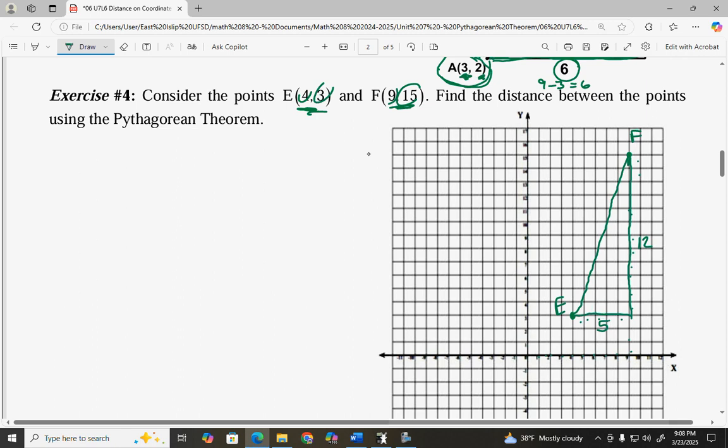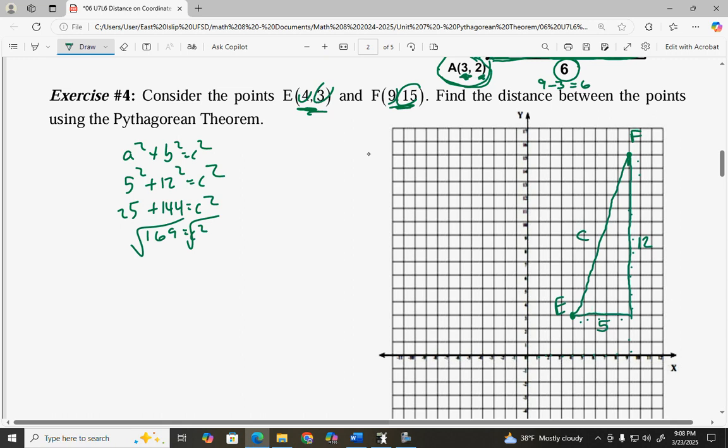Now I remember this is actually a Pythagorean triple. This side's going to have to turn out to be 13. But let's prove it using the Pythagorean theorem. a squared plus b squared equals c squared. I really didn't know this 13 at first, so I'll label that side c, and we'll do 5 squared plus 12 squared, which is 25 plus 144, and 25 plus 144 is 169.